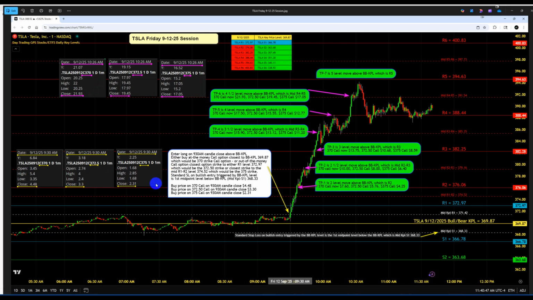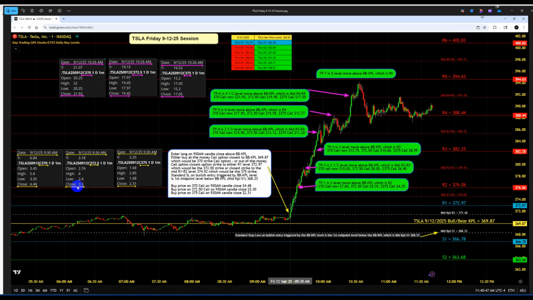All right, so as you can see here, the at-the-money call, and we're giving this from the entry to TP6, the 4.5 level move: 448 entry to 21.93. So that's almost 5 times the 448.